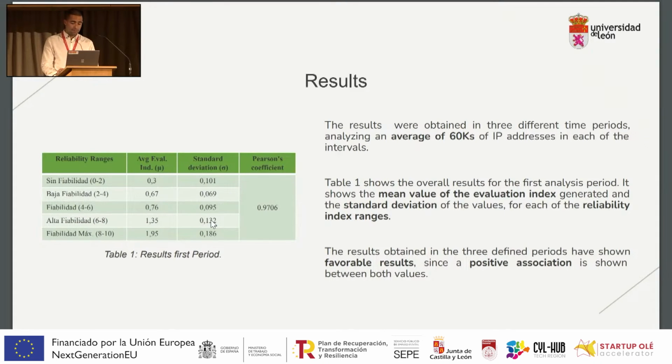Table number 1 shows the overall results, where we can see the average evaluation index and the standard deviation in the different reliability ranges of the list. If we compare all the data and results obtained, we see a positive association, so we can see that we obtained favorable results.